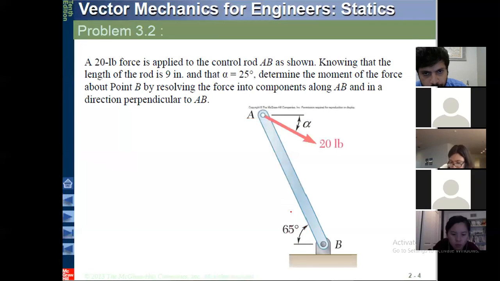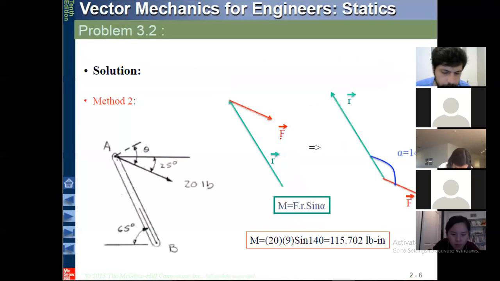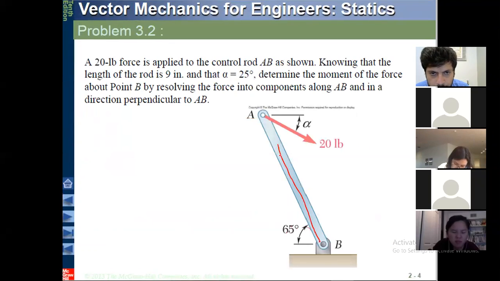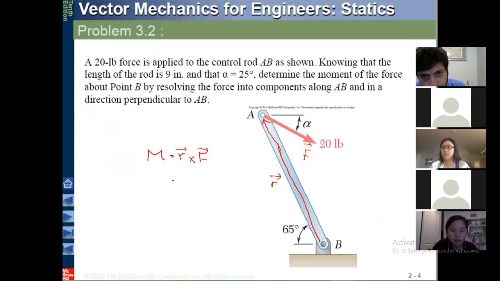So we have to first figure out what the position vector is. So this is going to be R, and this is also the force vector. So M is equal to R cross F based on the definition.